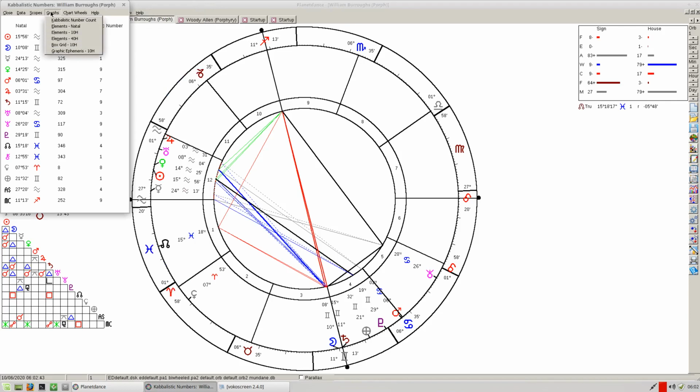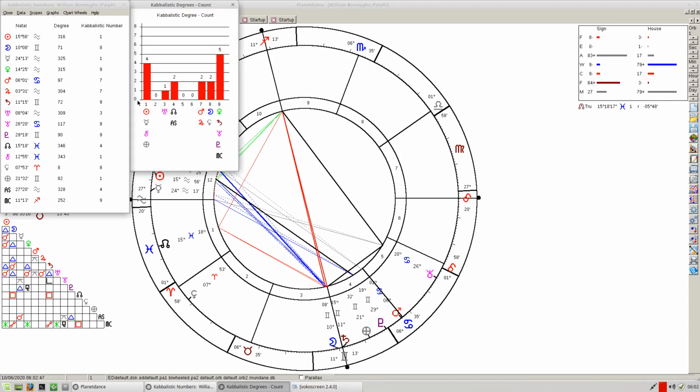There's various graphs available as well. You can get a count of the Kabbalistic numbers, so you can see that the Sun there is associated with the number 1 in this system, along with Mercury, Chiron, and the part of Fortune.